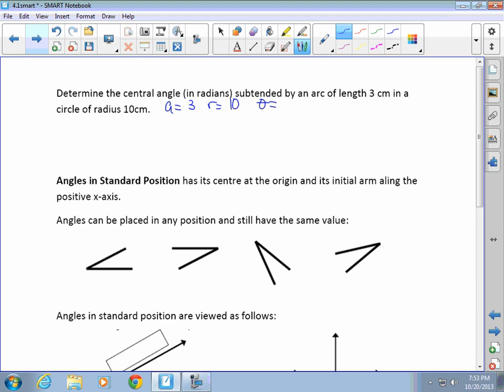That's what we're trying to find out. So 3 is equal to 10 theta, so I divide by 10, divide by 10, so this is 0.3 radians is equal to theta.